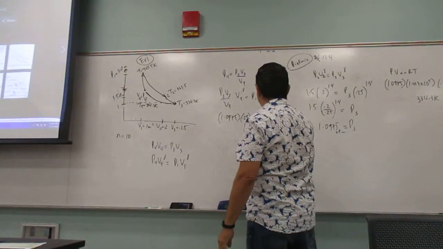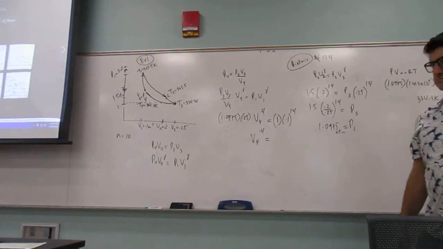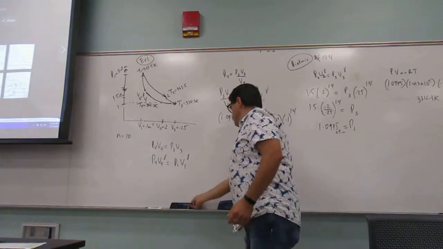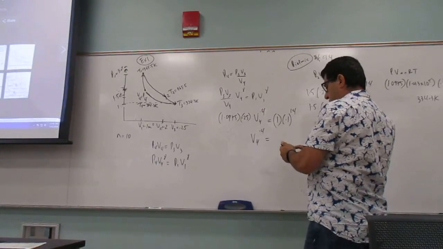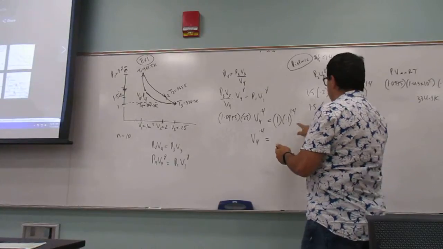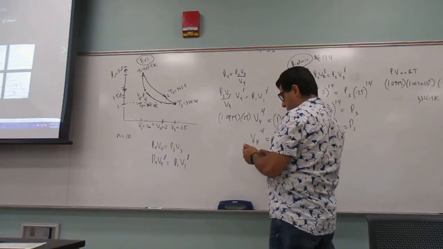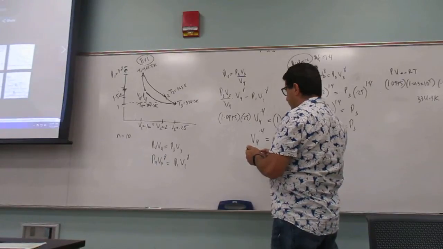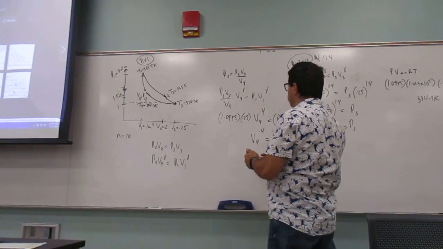V4 to the 0.4 power. What's that going to be? So 0.1 to the power 1.4, that's that. Divide that by 0.25, divide that by 1.0975.